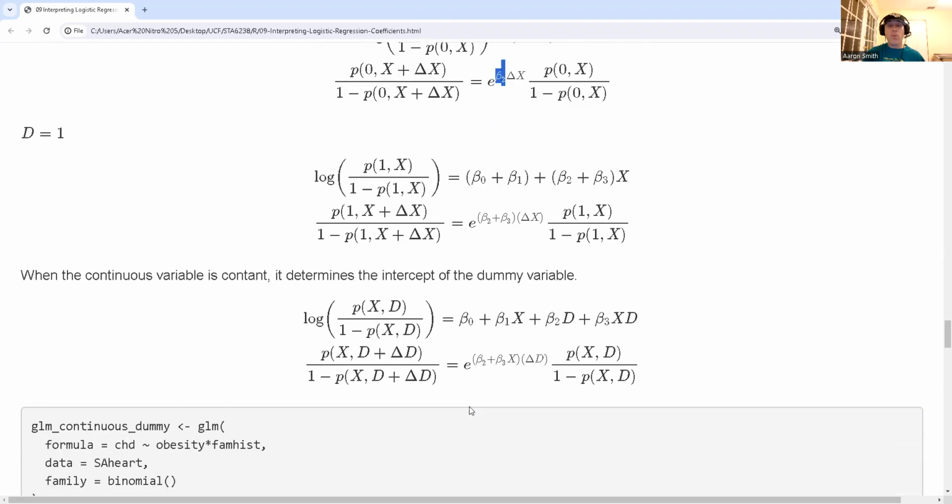All right, so now we can go the other way with this, and it's the same game once again. If I go through, I write this out, I'm going to see that the new odds is equal to the old odds times e to the same thing that we've got going on, but the slope of the dummy variable changes based off the value of x.